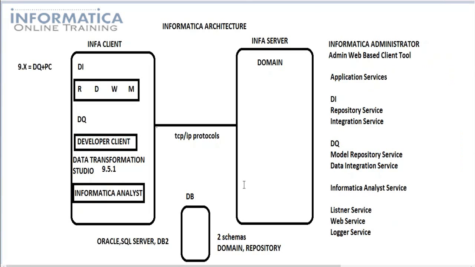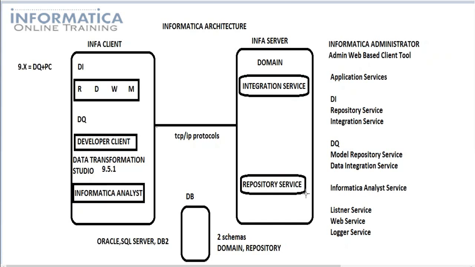So the first service that we have to configure is the repository service, and another service is the integration service, for performing data integration. In the same way, if you want to perform data quality, these two services have to be present: the model repository service and the data integration service.